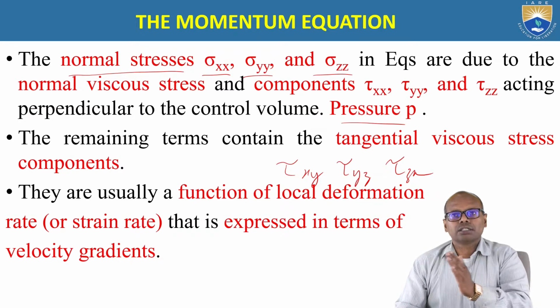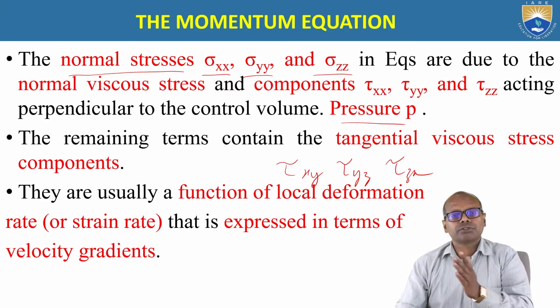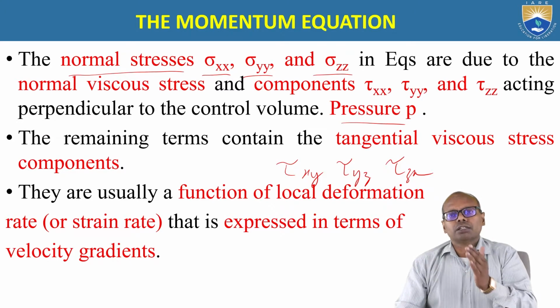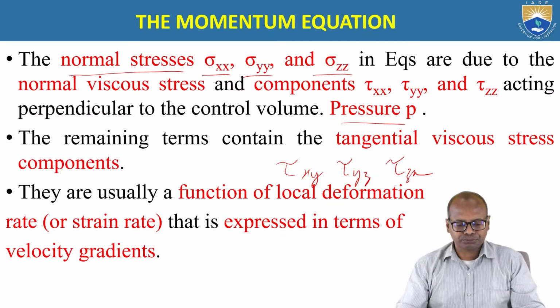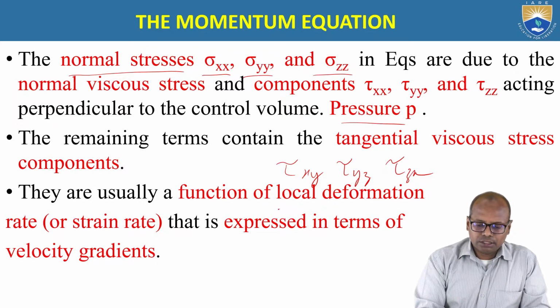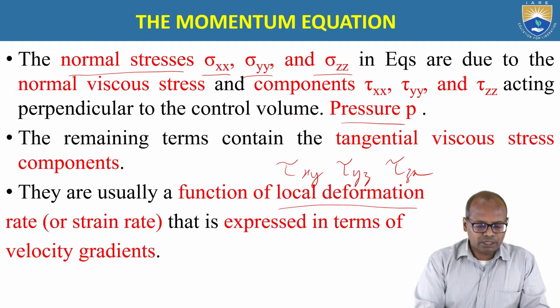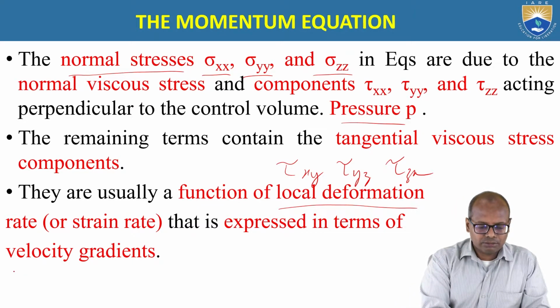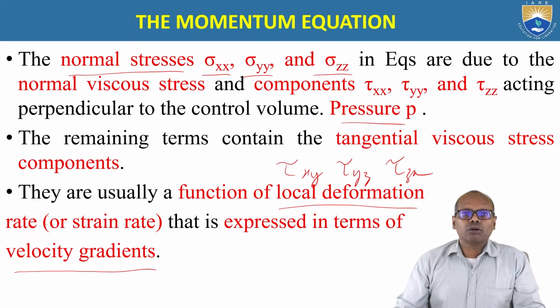The tangential stresses are also called shear stresses, and these shear stresses are because of the viscosity of the fluid. These stresses act parallel to the surface. Two terms are there: the local deformation and velocity gradient.